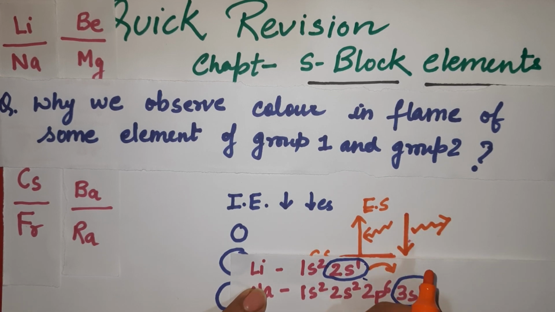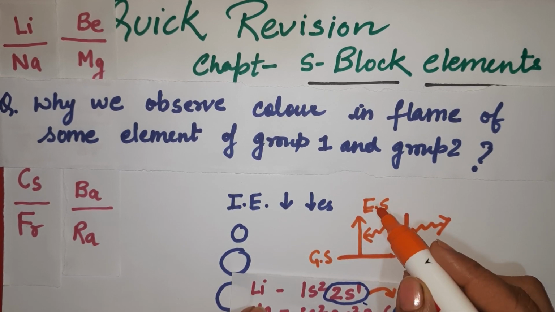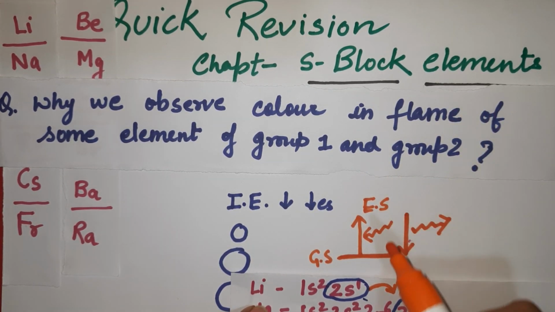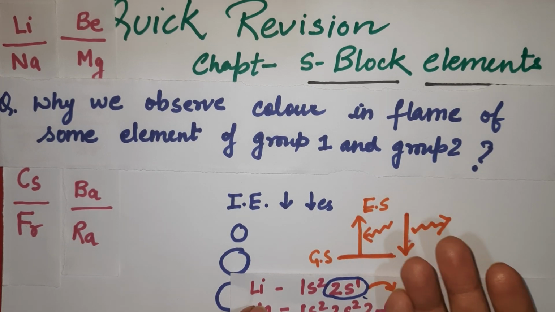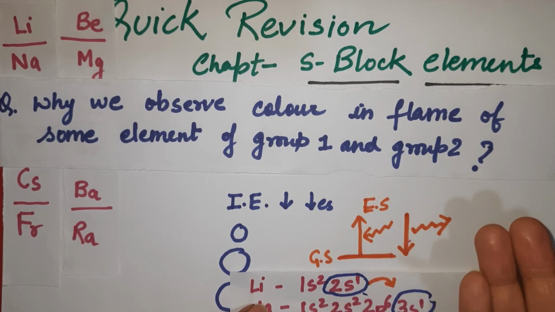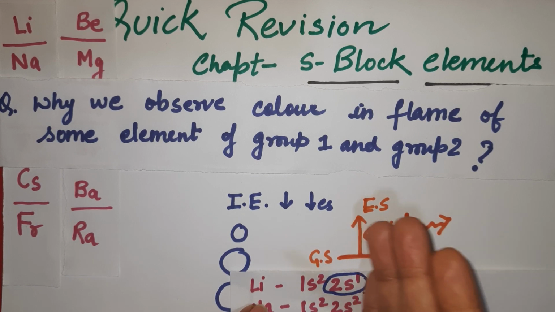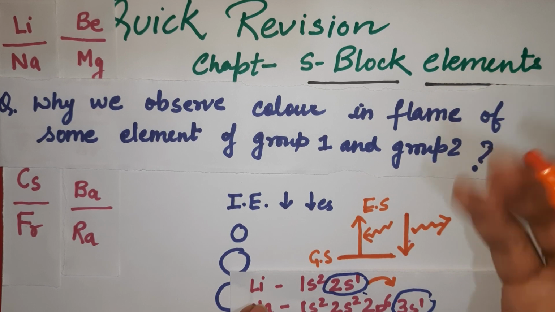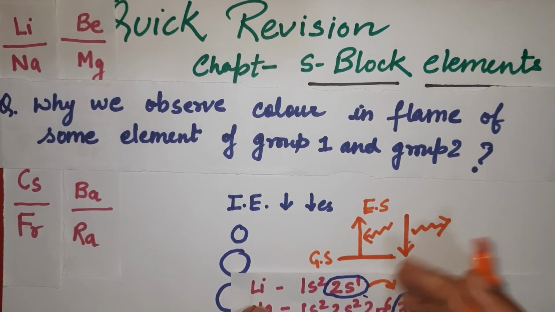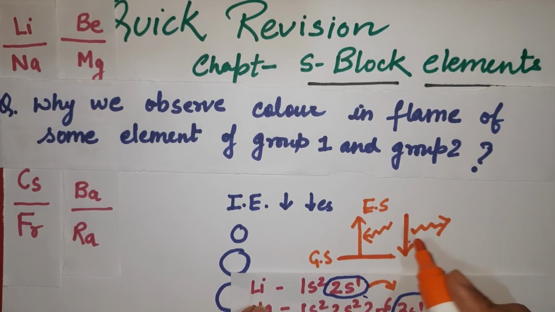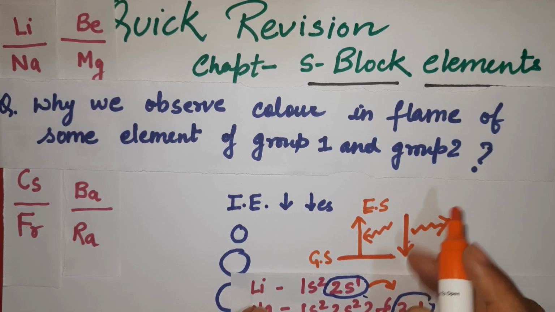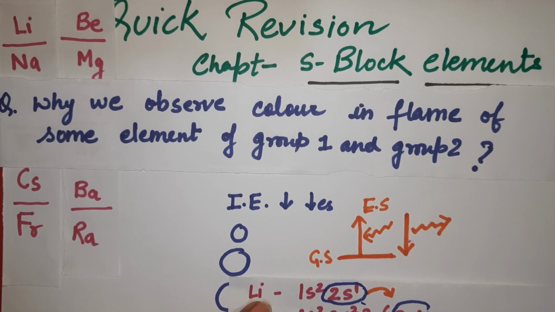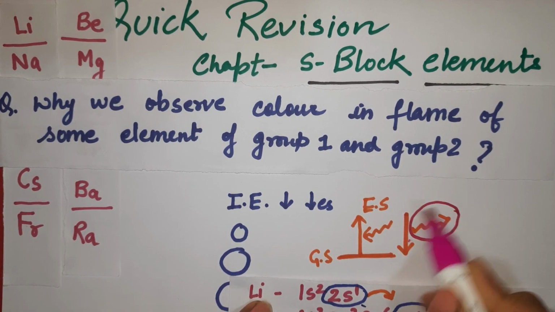Because there is no reaction, the electron is not taking part in any reaction. But if you give some energy, the electron absorbs the energy, gets excited and jumps to the next level. After some time, the electron releases the energy and comes back to its ground state. So the story is behind this amount of energy.